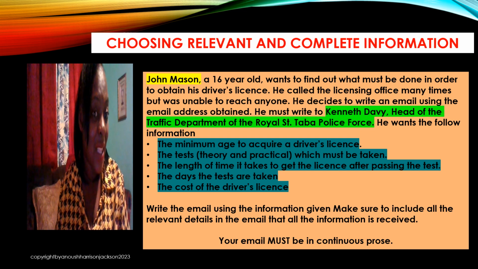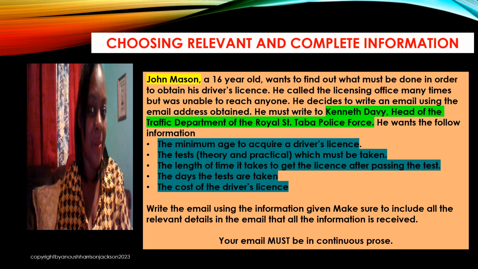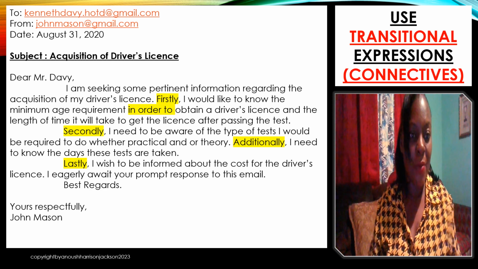Do you understand that? Okay, so let's see how well now we can write in continuous prose, and what are the things that we need to employ in order to make the writing continuous. To ensure that you're writing in continuous prose, by that we mean sentence 1 is linked to sentence 2, sentence 2 linked to sentence 3, etc. It is important that you use what is known as transitional expressions.